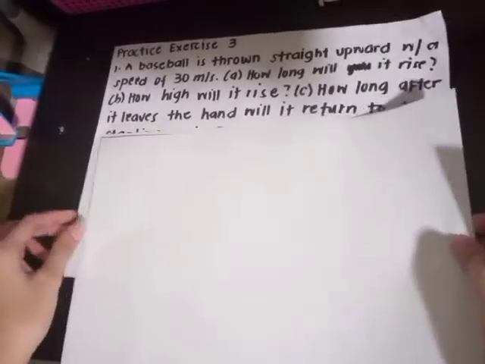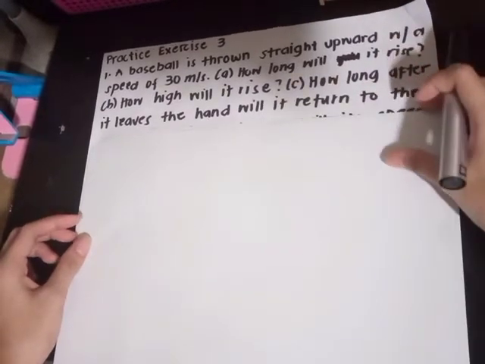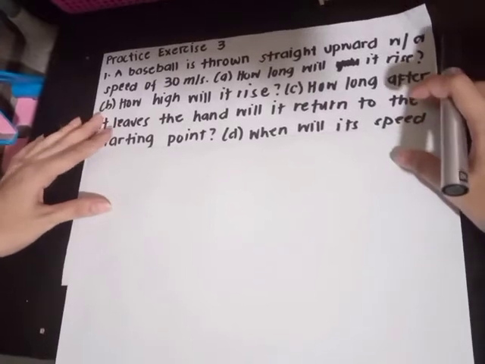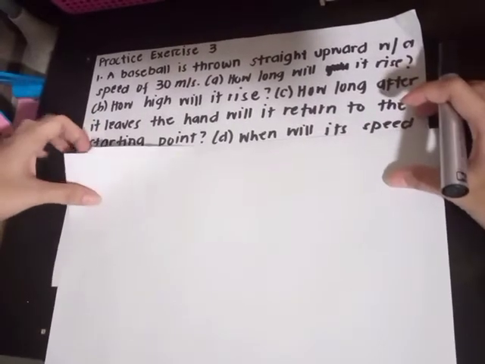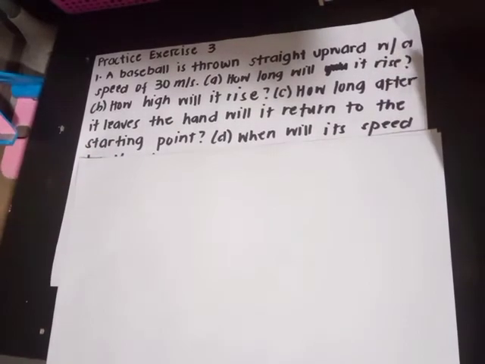So for letter C, the question is how long after it leaves the hand will it return to the starting point? How long? Ibig sabihin, hinahanap natin dito ay time.